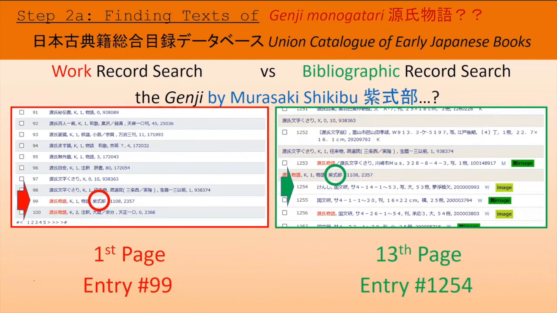Looking through all of these for text of the original Genji by Murasaki Shikibu, in the case of a work record search, we only have to scroll down to entry number 99. But with a bibliographic record search, we have to scroll all the way through to entry number 1254 at the earliest. In general, a work record search is thus often more time efficient.